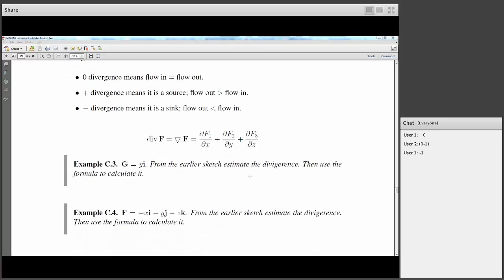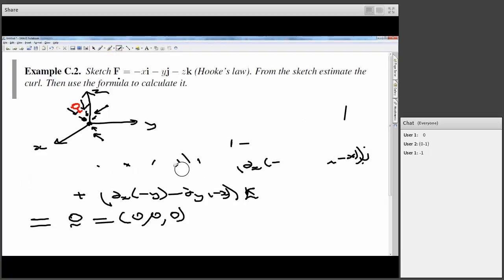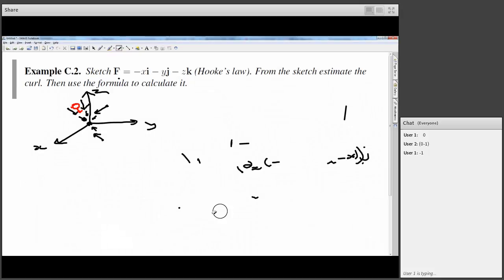So let's go back to our pictures. So this is our picture from before. Instead of working out the curl, let's work out the divergence.